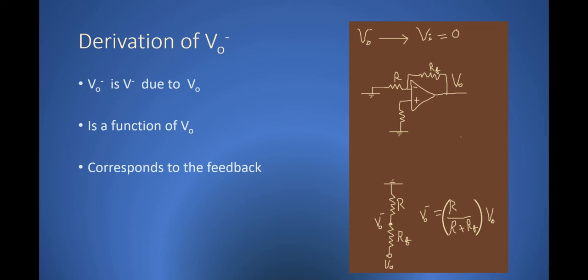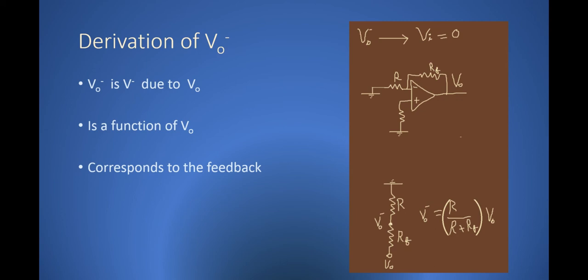As Vi is a voltage source, in superposition we will replace all the voltage sources by ground, with the exception of the source that we are considering at a given time. Now this again is a voltage divider problem, and so V naught minus is simply R divided by R plus RF times V naught.